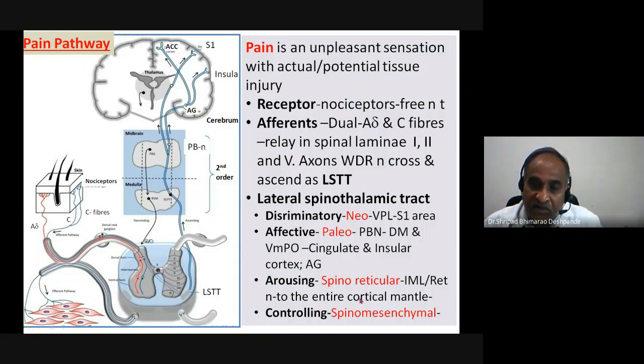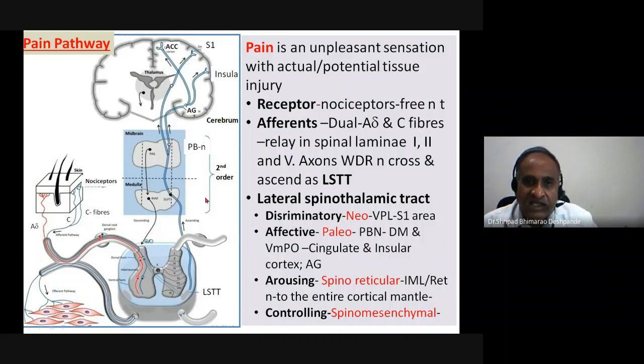Then from the reticular system they reach the non-specific nuclei of the thalamus, in the internal medullary laminae and the reticular nucleus of the thalamus. From these non-specific thalamic nuclei, it is relayed to the entire cortical area. That is for the arousal response.